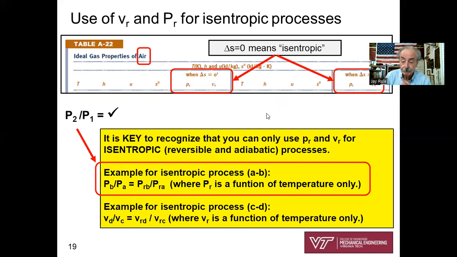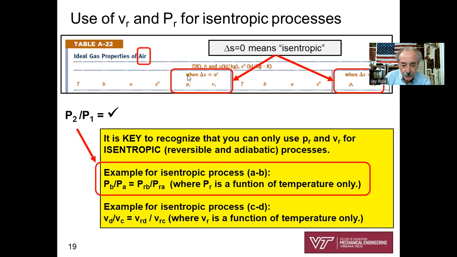Remember, for this example, we're going to treat air as an ideal gas with variable specific heat. It's a little bit part of the crash course review. Use table A22. There's a couple of columns that apply only to isentropic processes.